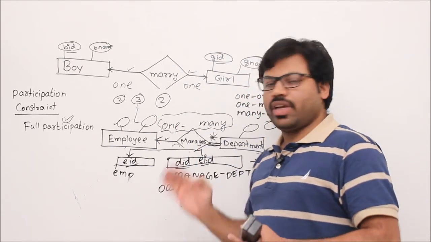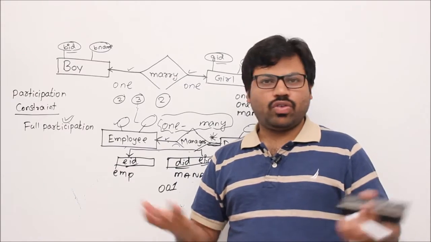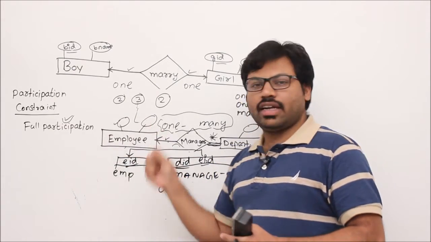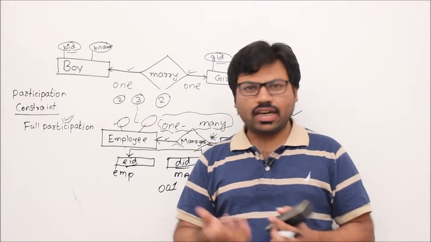Automatically this one to many, many to one or one to one can be ensured. Understand? So this is about all the conditions and creating the tables with those conditions.